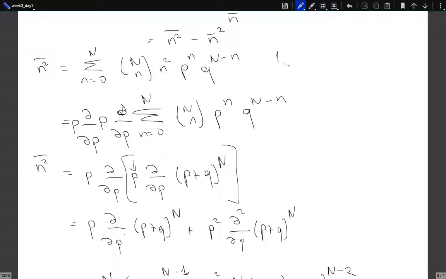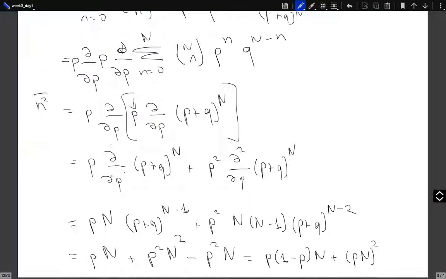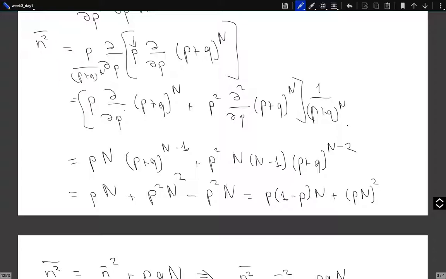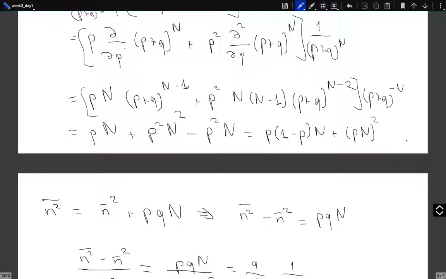I have to divide this thing by P plus Q to the n. These are my probabilities. So the results are basically the same, but formally I have to divide by this factor to assume that they are independent.